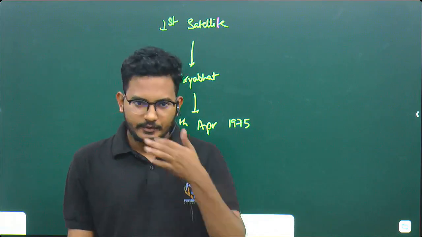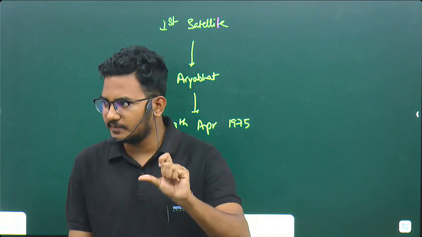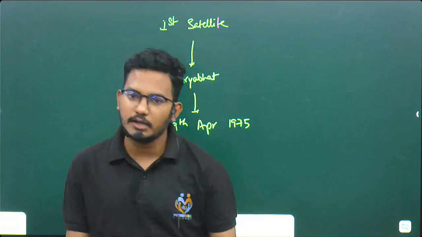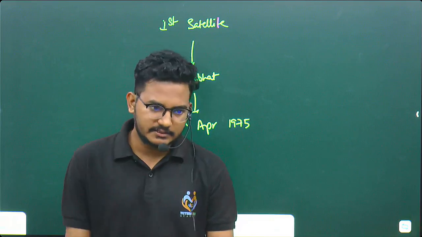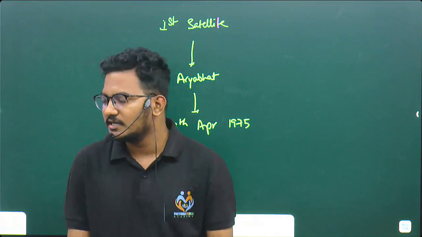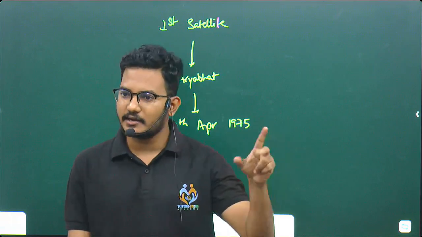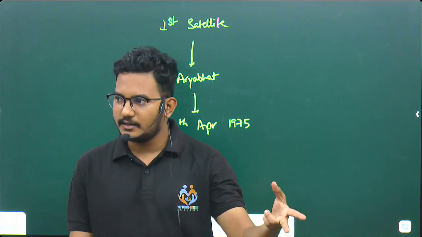Okay. So simple. Till now we have seen definition of space. Anything which is above Karman layer is nothing but your space. Okay. So anything which we are sending into the space is nothing but spacecraft. Examples we have seen two. One is satellite. Second one is shuttle.